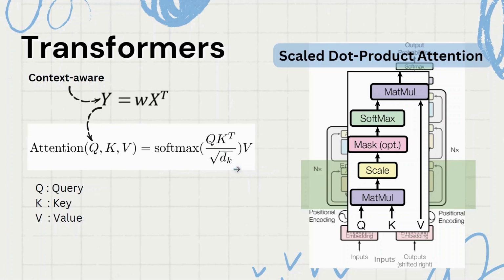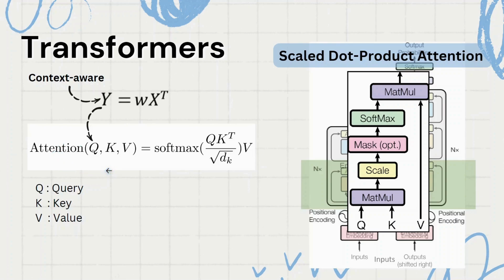After that, the values in this matrix are passed through the Softmax function such that each value in the matrix is normalized in a way that all the values in a row add up to 1. Now this weight matrix is multiplied with the value vector of our word. After this, we get the final attention vector.